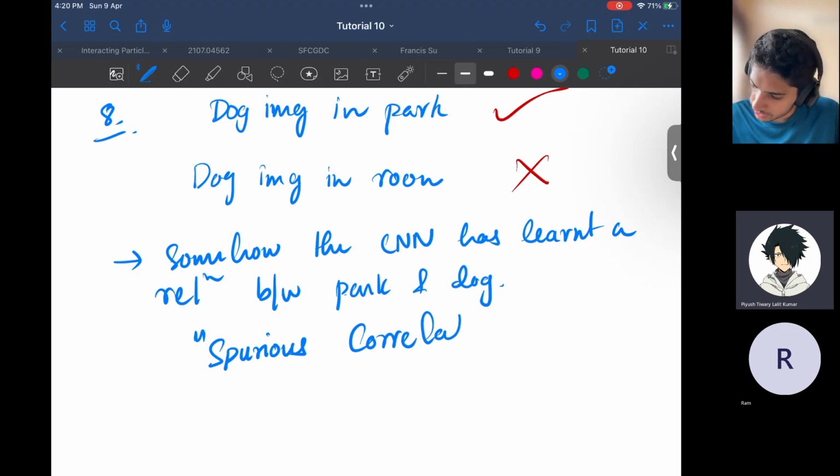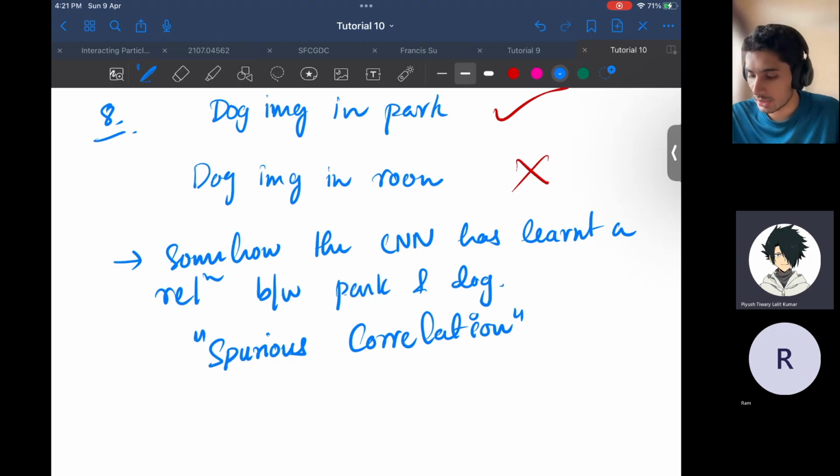It has learned a correlation between park and dog, and this correlation is not good, because parks and dogs are not related to each other. A dog can be anywhere, even if it is not a park.